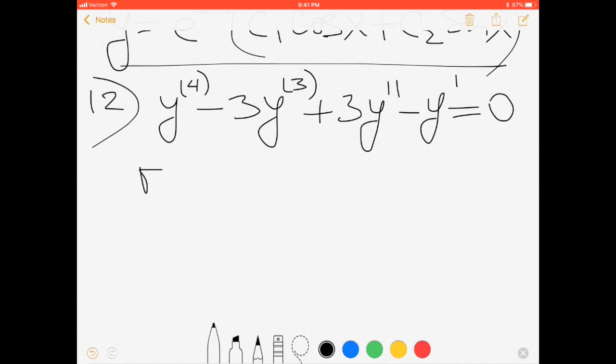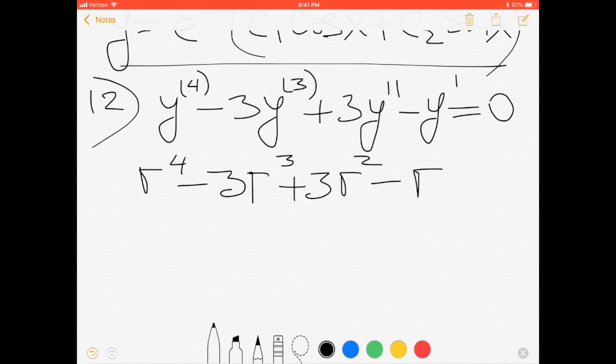Write the characteristic equation. It will be r to the fourth minus 3r cubed plus 3r squared minus r equals 0.